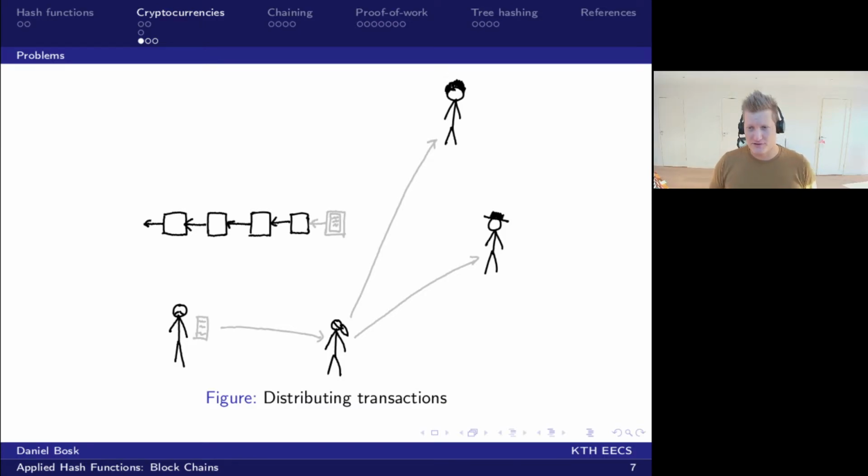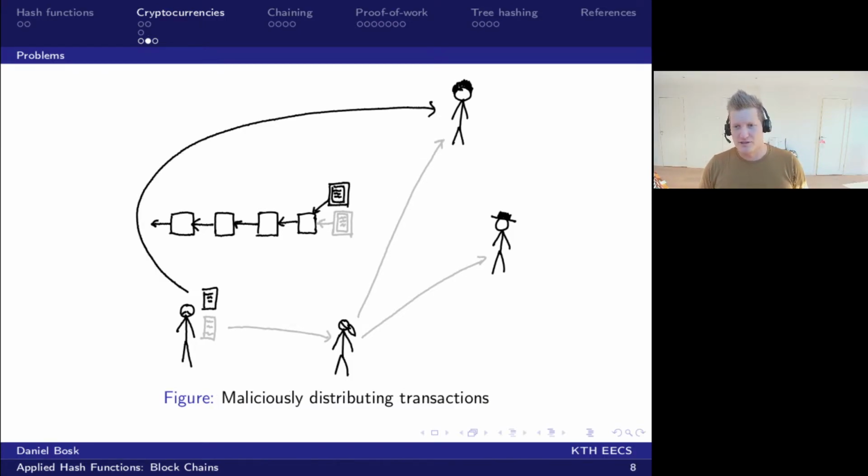However, we focus on security here. So of course, Bob can maliciously distribute transactions. While he did send this transaction to someone, he creates another transaction where he tries to spend the same money, or the same transaction, on something else. So, pay with the same money twice. And of course, that shouldn't work in a functioning monetary system.